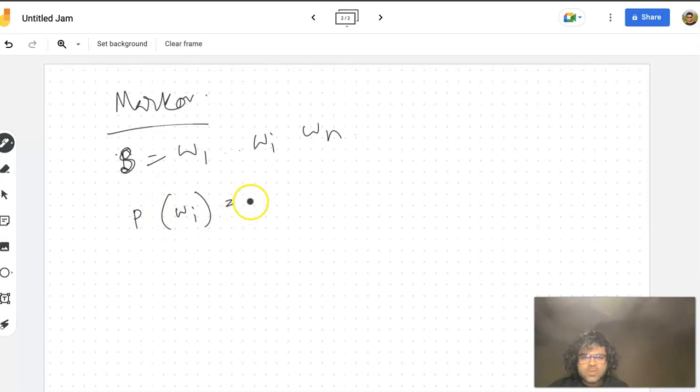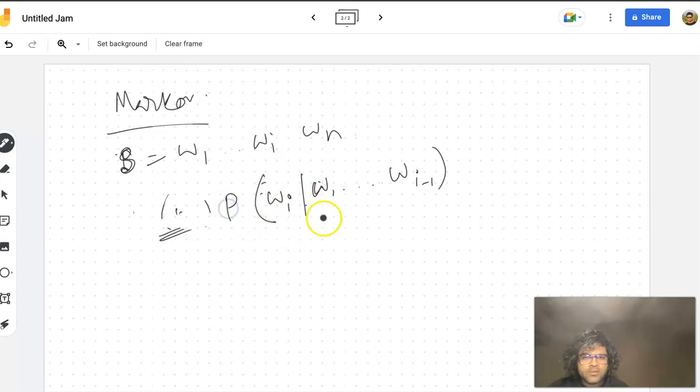Basically, to predict wi, you need to consider the last i minus 1 characters. So this is a kind of i minus 1 Markov model.